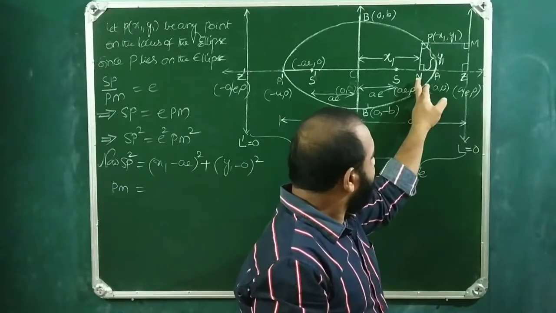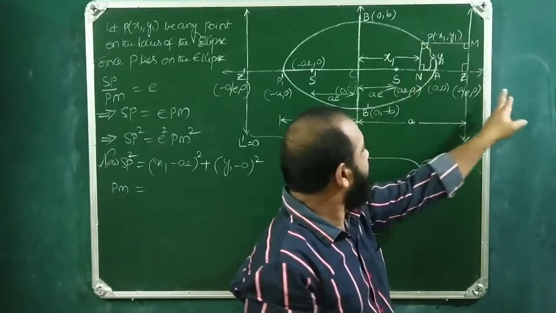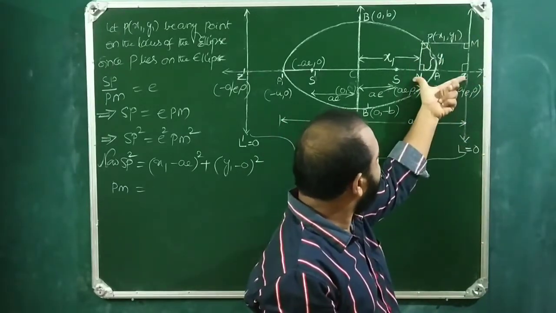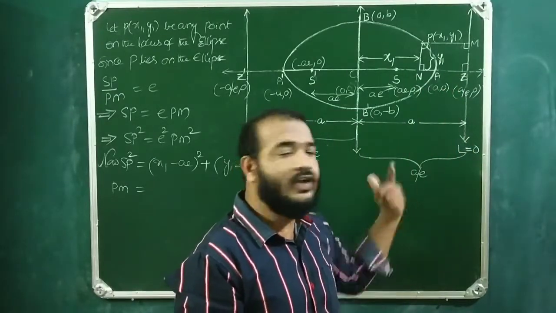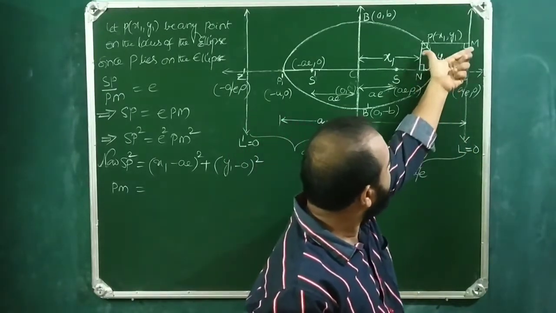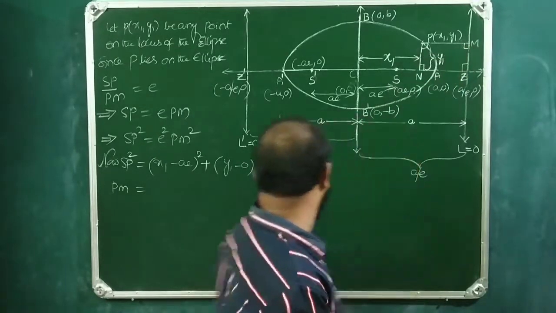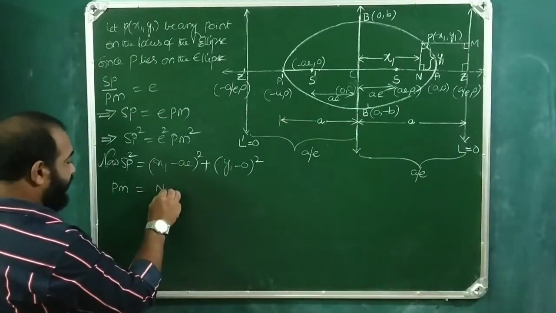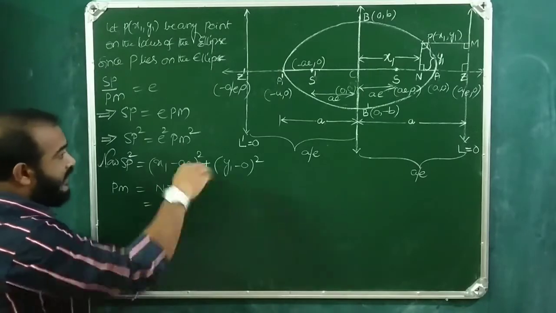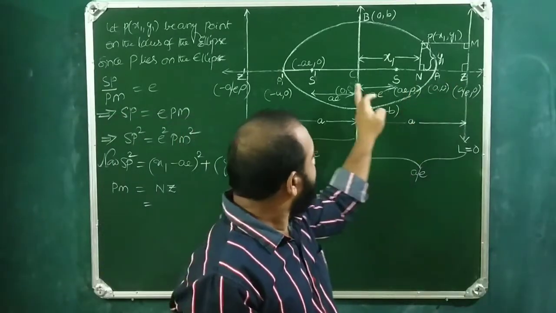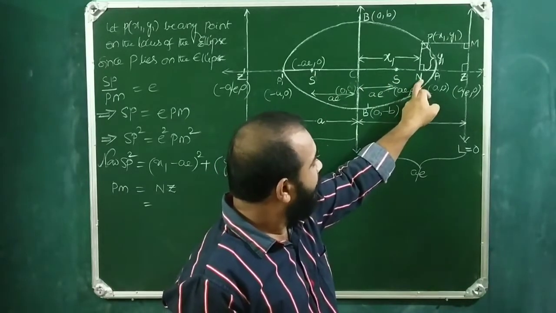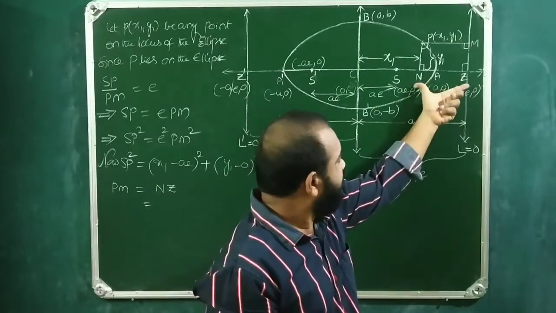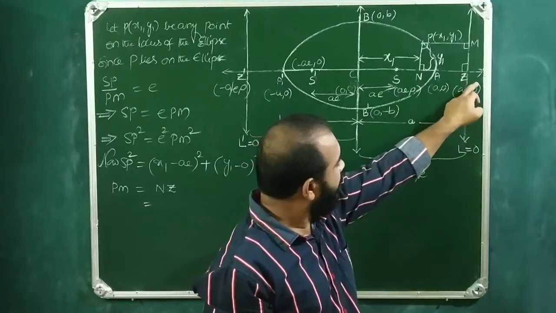Therefore this is a rectangle, and in a rectangle opposite sides are equal. So PM is nothing but NZ, and NZ can be written as CZ minus CN.